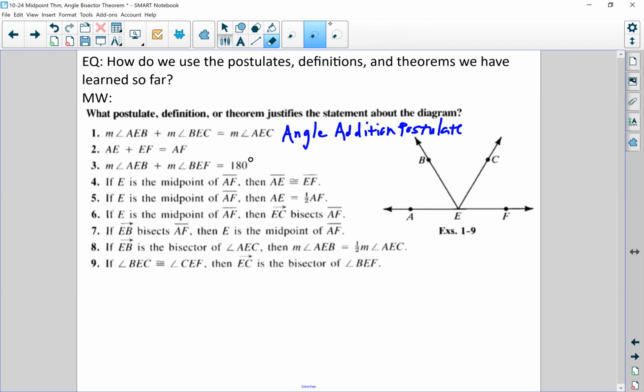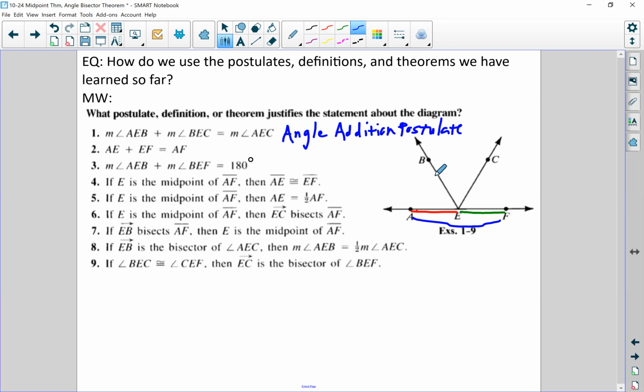Number 2 says that AE, this segment, plus EF, this segment, is AF, this whole segment. Again, it's using adding in this equation. And what are we adding? We're adding the length of two small segments that are collinear, and the point E is between A and F, to form the whole length of the segment AF.